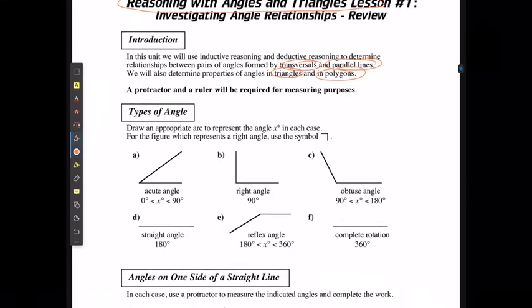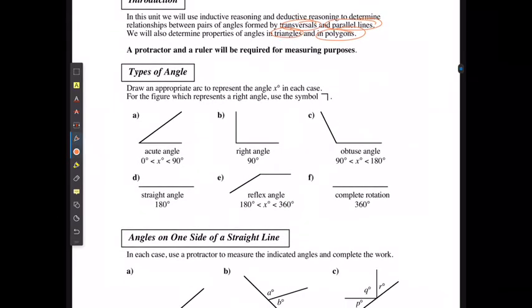For the first part, for the types of angles, draw an appropriate arc to represent angle x in each case. For a figure which represents a right angle, use that right angle symbol. If we're talking about an acute angle between 0 and 90 degrees, that's just going to be this angle in here.